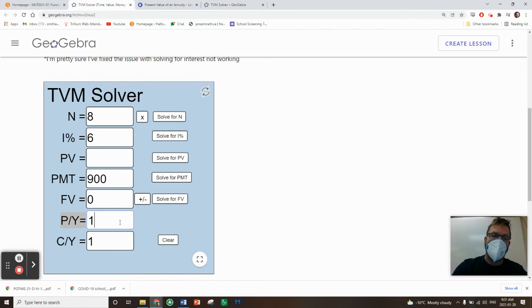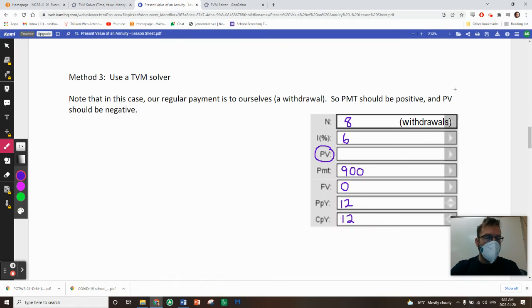It's just that you can't enter negatives for certain fields. And it's 12 and 12. It automatically changed it. And we solve for PV. There we go, 7,040.66. Life is good. So my note here, 7,040, like we had before.